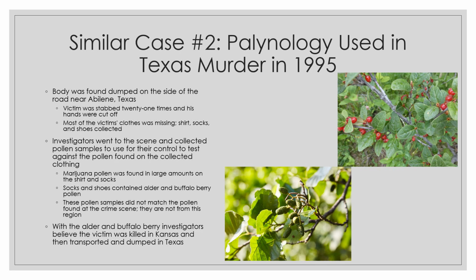These pollen samples did not match the pollen at the crime scene, so they believed that his body was transported after he was murdered. They narrowed it down and found that alder and buffalo berry were native to the Kansas area, and they believe that he was killed in Kansas, transported down to Texas, and then dumped in Texas.